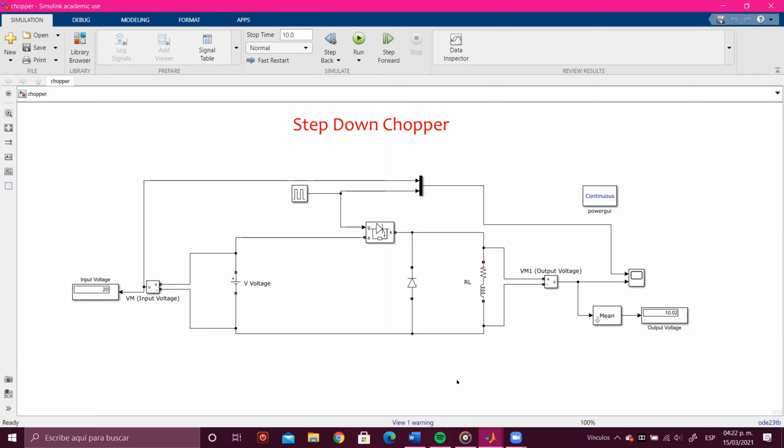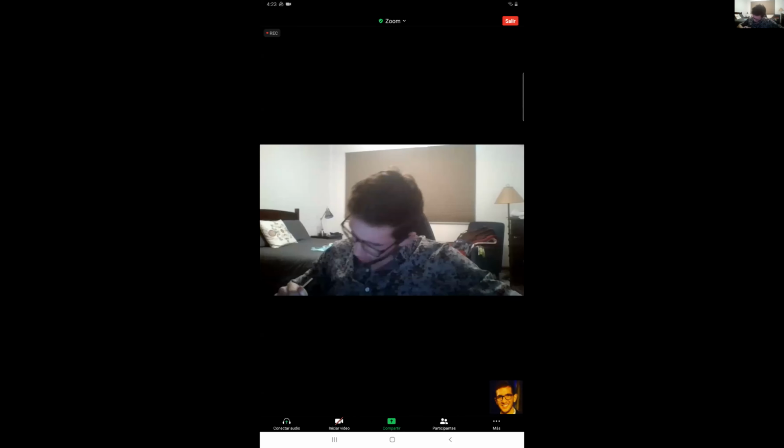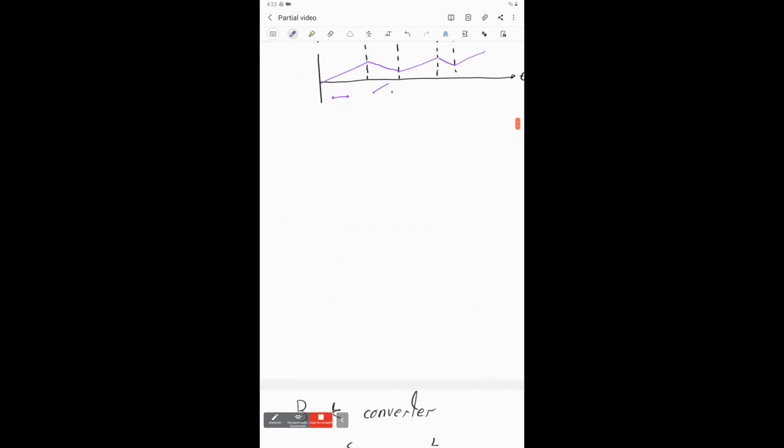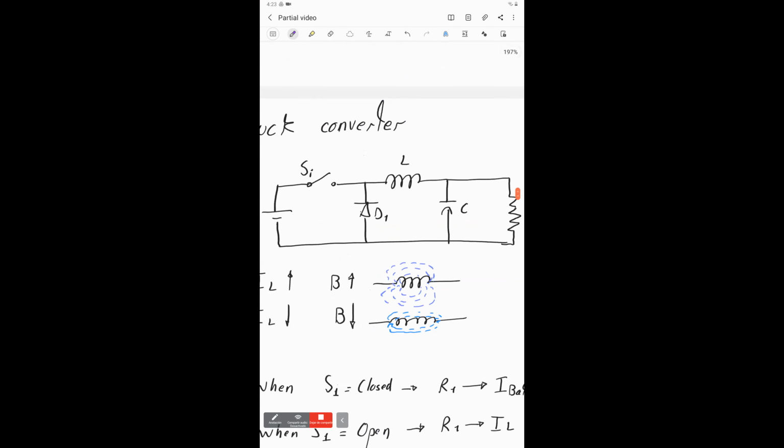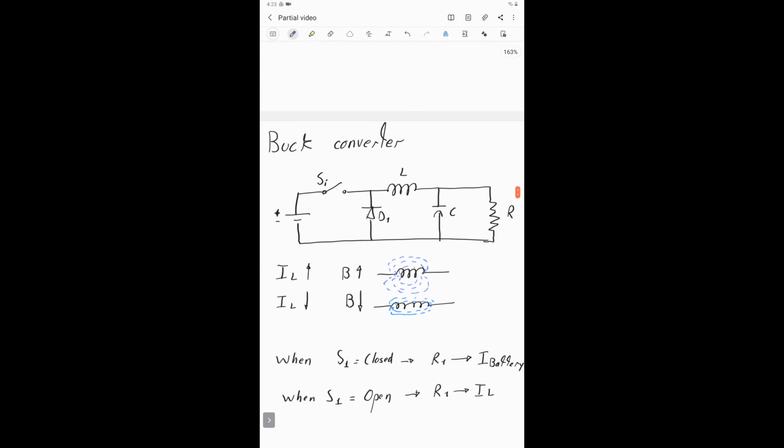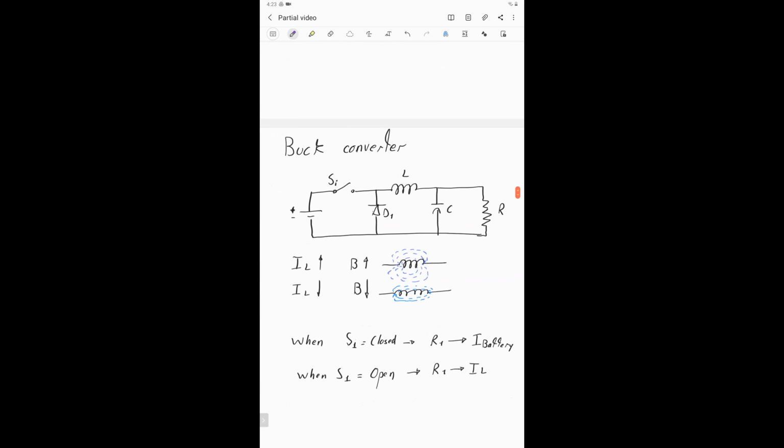So what happens now with a boost converter? I'm going to show it immediately. Here we have the boost converter. We have the same components: the source, a switch, an inductor, a diode, a load, and here we have a capacitor.